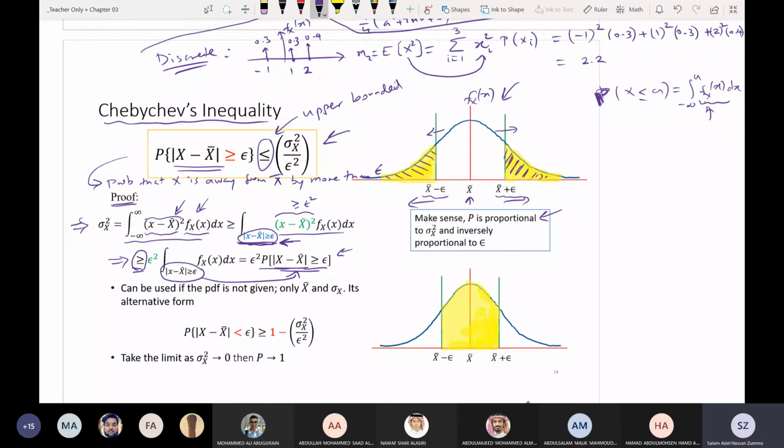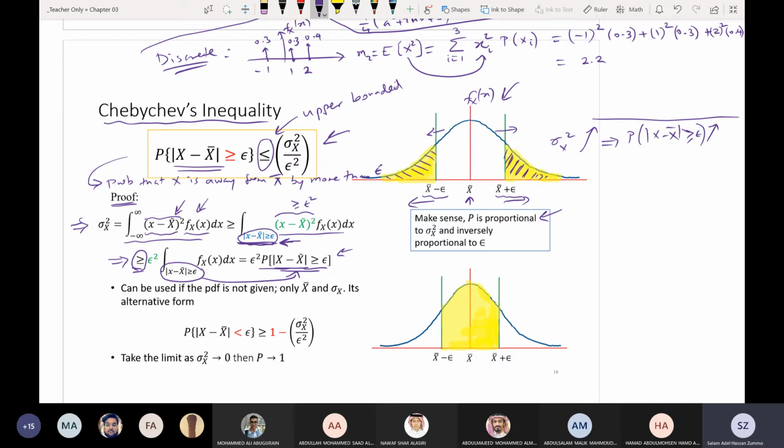As sigma x squared becomes larger, this probability also increases. So basically the Chebyshev inequality makes sense. Although we proved it mathematically, it also makes sense intuitively.